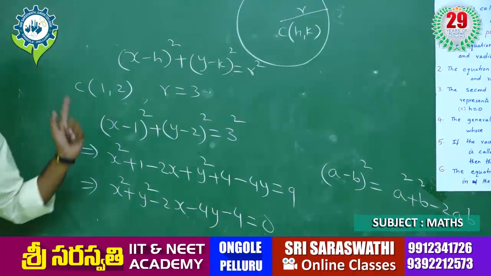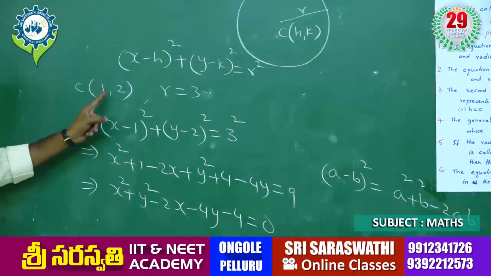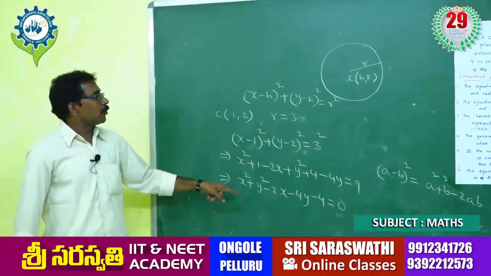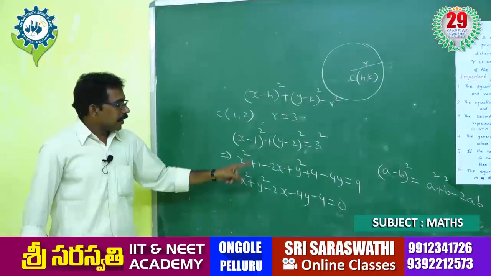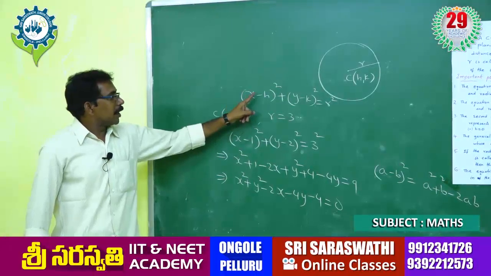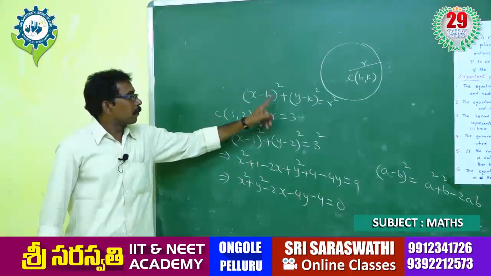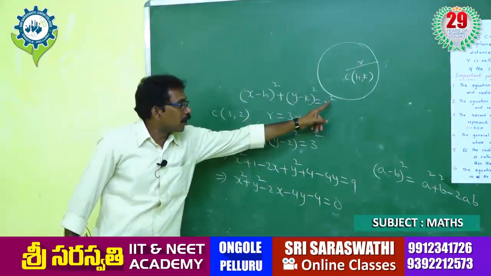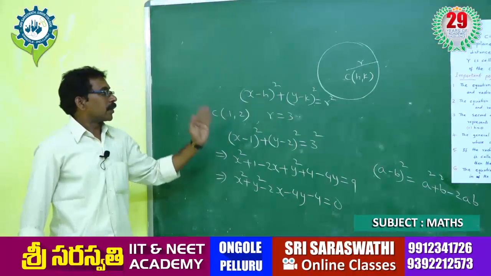So if we have center and radius, then we use the formula (x minus h) whole square plus (y minus k) whole square is equal to r square to get the circle.